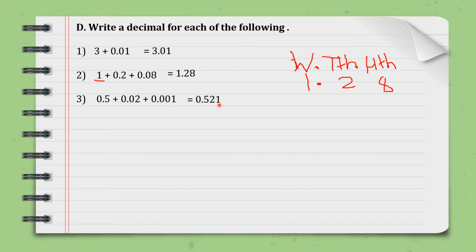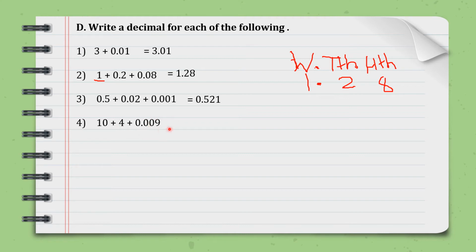Thousands place, 1 is there. So if you want, you can make this place value chart and accordingly write it down. Understood? Then next, 10 plus 4 plus 0.009. So here the whole part is 10 plus 4. 10 plus 4 is 14. Now we don't have a tenths part and hundredths part. Directly we have thousandths.